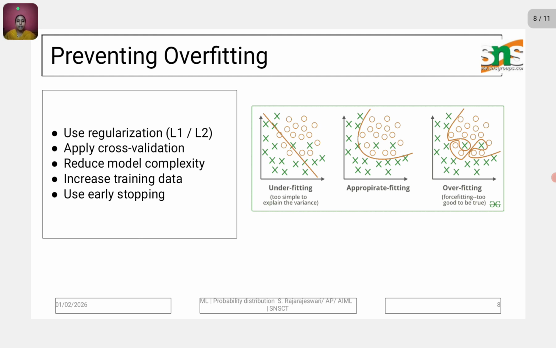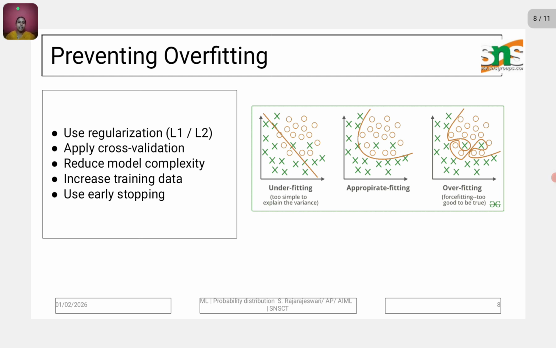That is the concept of overfitting and underfitting. We use the regularization methods L1 and L2 with cross validation. It is mainly used to reduce the model complexity and increase the training data. We also use early stopping for overfitting.